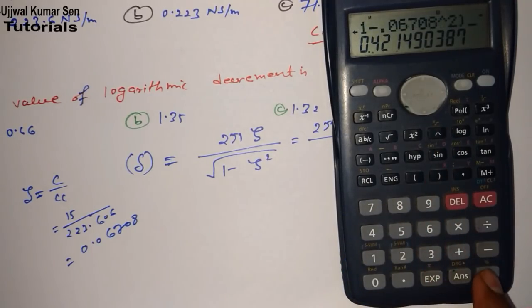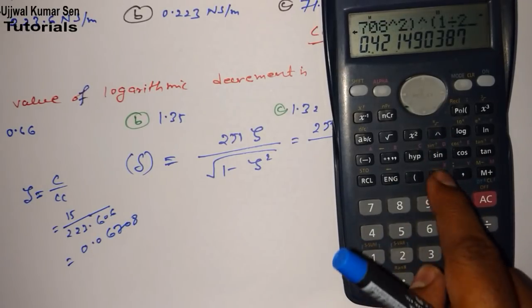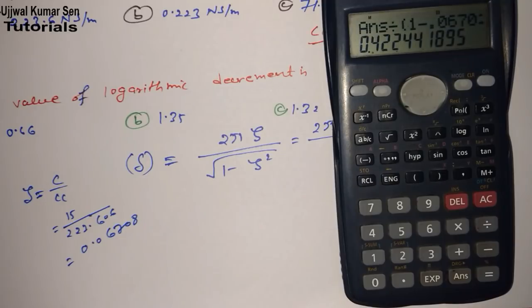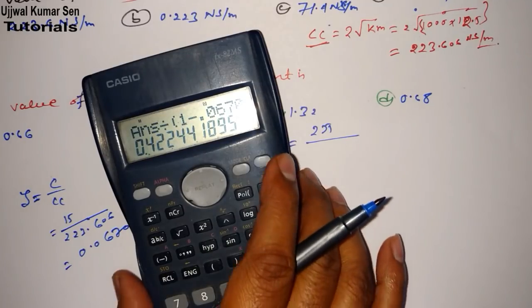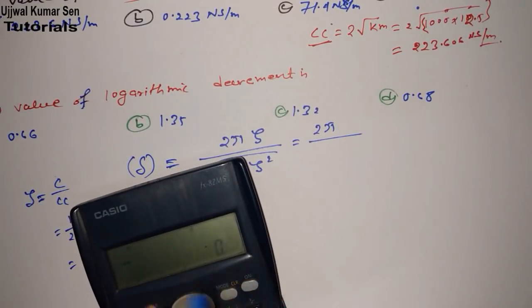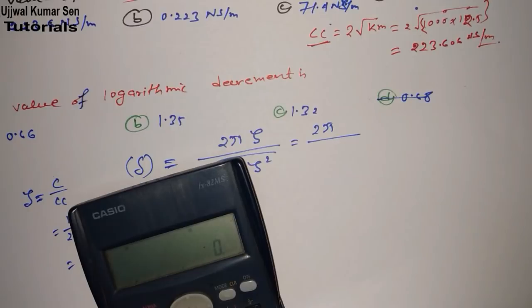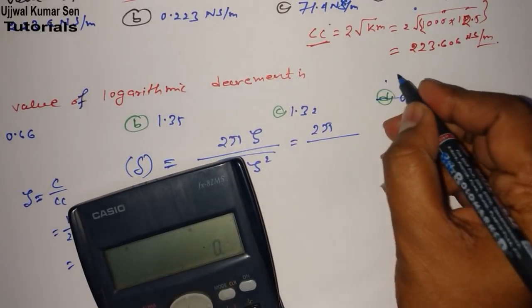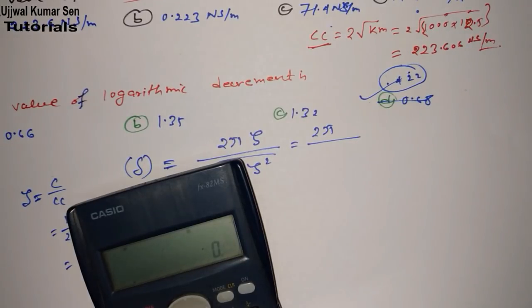So what value did we get from here? That is 0.422. If you see the options, we don't have this option, so probably I have written it wrong, or maybe the sample paper from the previous year has a wrong answer. So the answer is 0.422. The right option is 0.422.